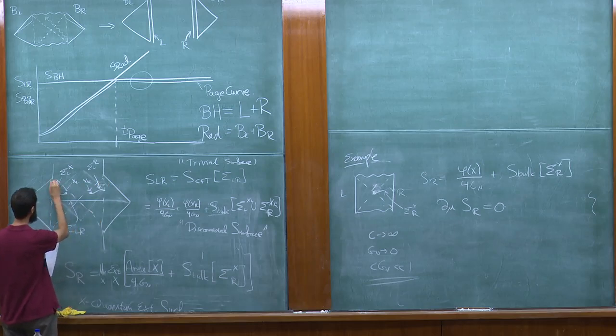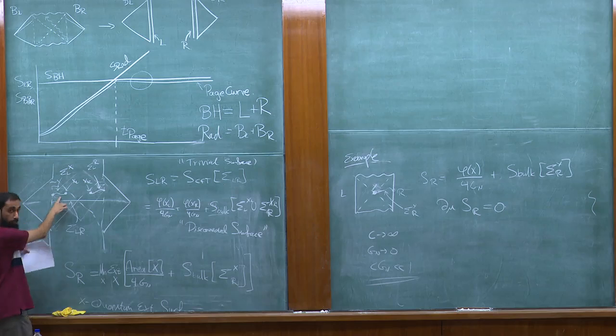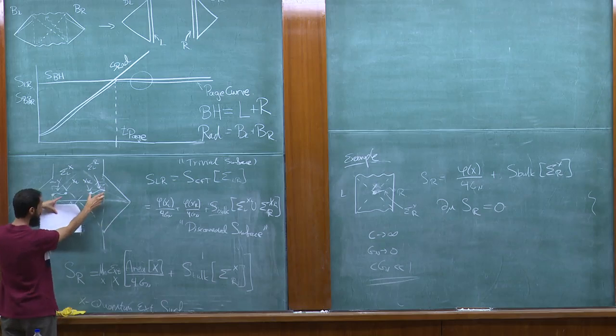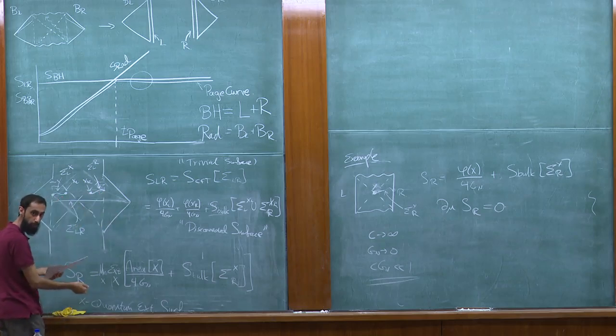Here the S bulk term is the von Neumann entropy of two intervals under some state of the CFT on this entire slice. So there are 4 points, so there's a non-trivial cross ratio.